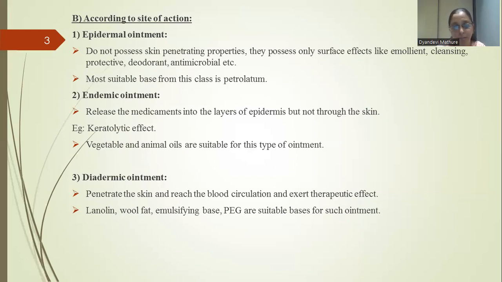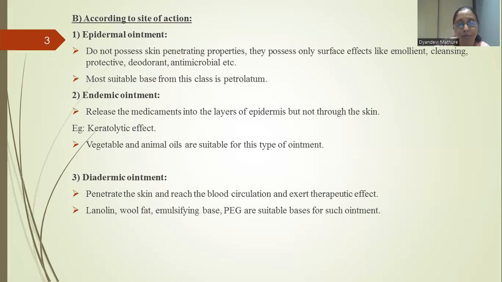Now the second type of ointment according to site of action is endodermic ointment. So what is endodermic ointment? It releases the medicament into the layers of the epidermis but not through the skin. As compared to epidermic ointment, it at least crosses the epidermis, isn't it?